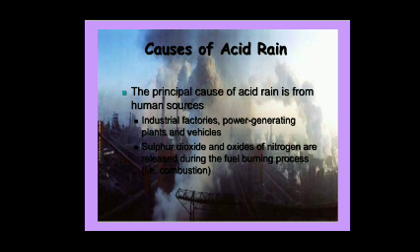Causes of acid rain. The principal cause of acid rain is from human sources. Those are industrial factories, power generation plants, and vehicles.